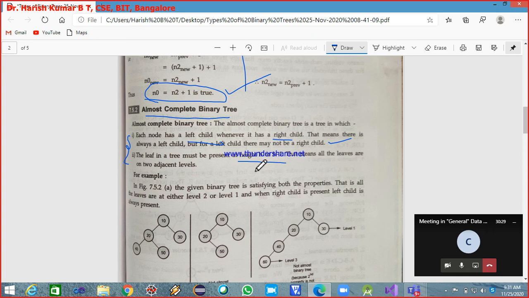The leaf nodes or the external nodes must be at either height h or height h minus 1, not behind that. That means all the leaves are on two adjacent levels. The leaf should not extend above the two adjacent levels. So these are the two constraints. Hope you understood the constraints.